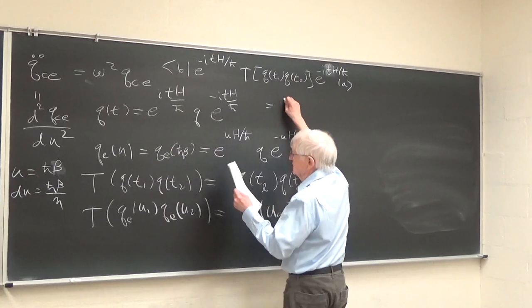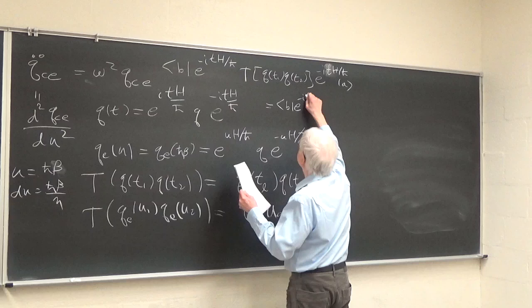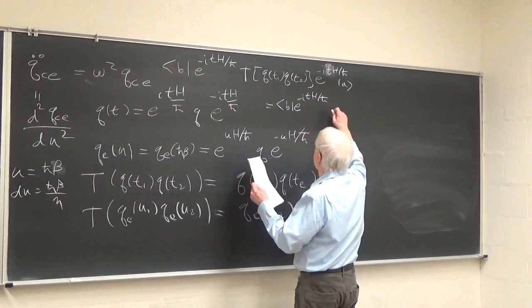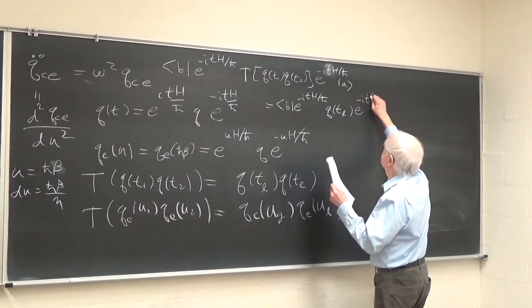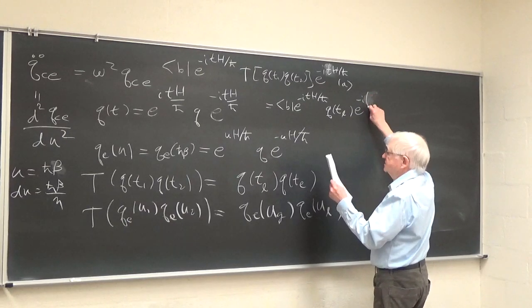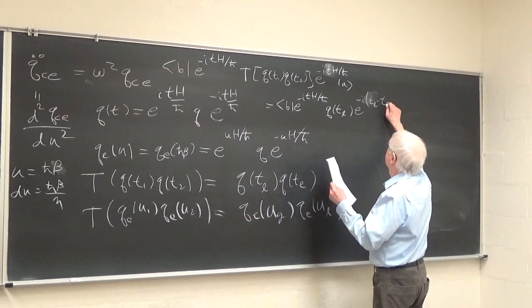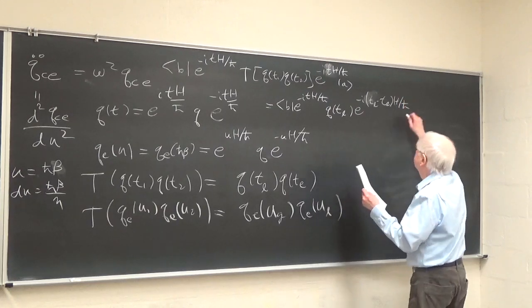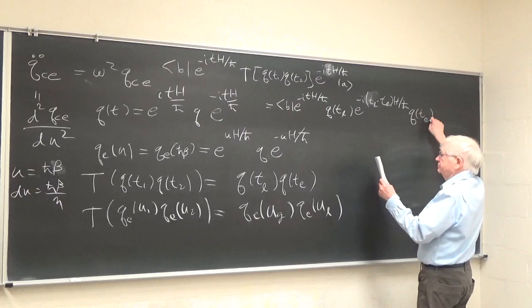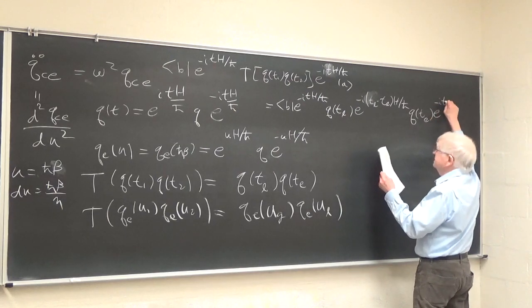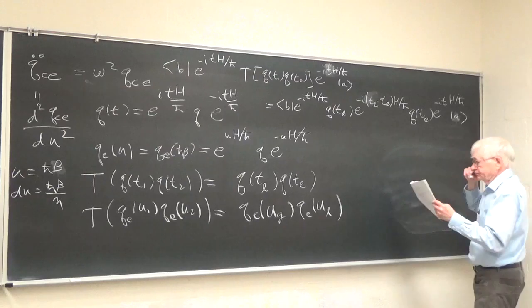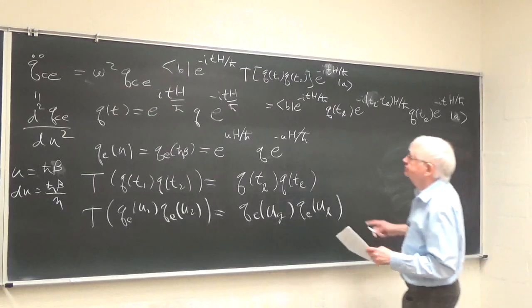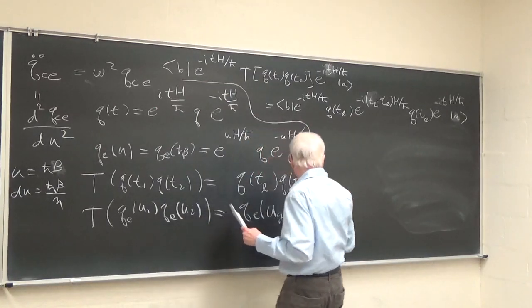Okay, so what is this? This is B, e to the minus I T H over H bar, and then it will be Q of T later, e to the minus I, it's T later minus T earlier, H over H bar, Q of T earlier, and then e to the minus I T H over H bar A, not B. So it looks like that.